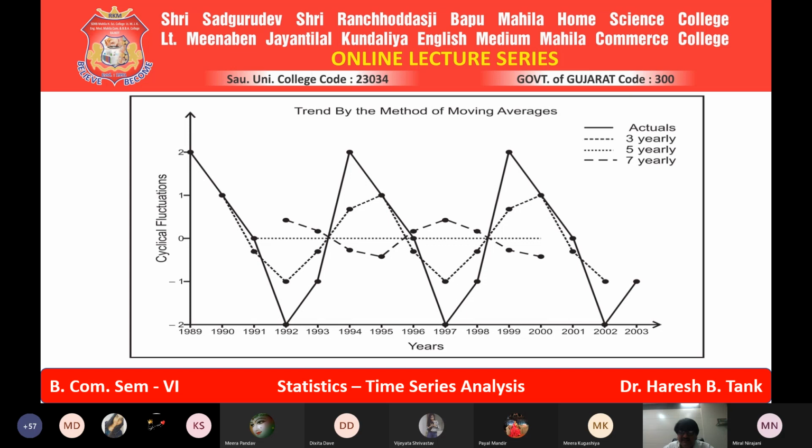This is 7 yearly, this is 5 yearly, this is 3 yearly, and this is actual. So from this you will be able to get the trend in a graphical form. Generally, by calculating 3, 5, or 7 year together, you will see how things are displayed on graph paper.